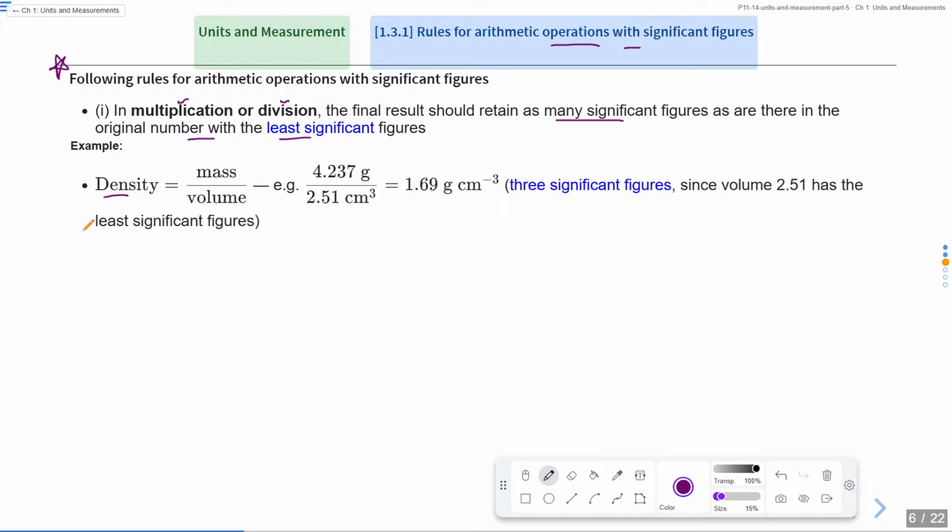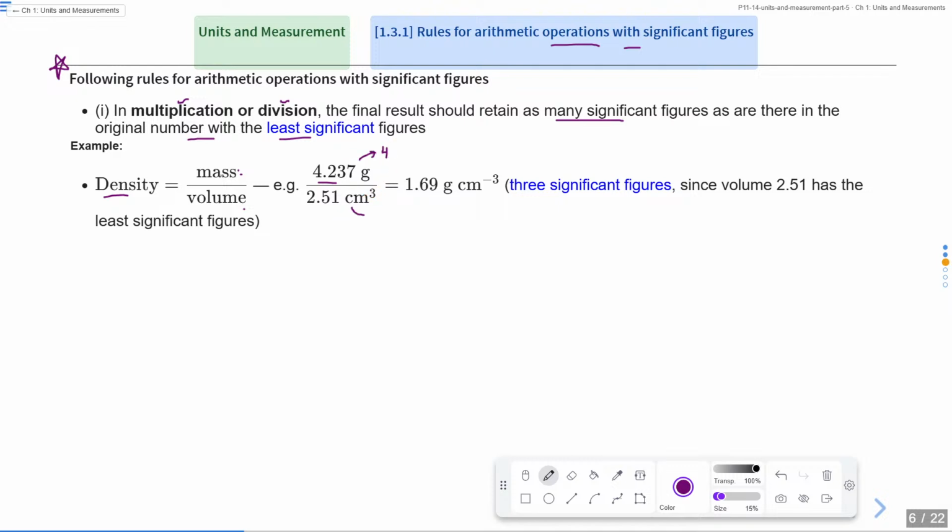Density is measured by mass upon volume, so there is a division of mass and volume. If mass is given as 4.237 gram and volume is given as 2.51 centimeter cube, how many significant figures are there in the mass? 4.